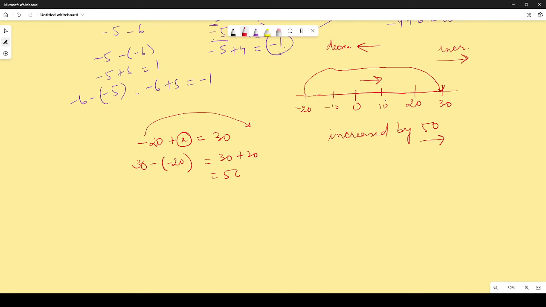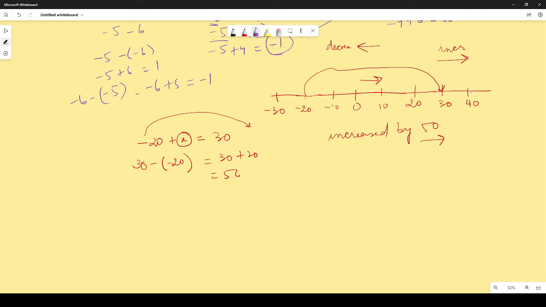Okay. Now the second part says a number changes from 40 to minus 30. So let me make this a little bit extended. Let me extend this. Minus 40 to minus 30, right? Now let me use a different color so that it becomes easier for you to understand.